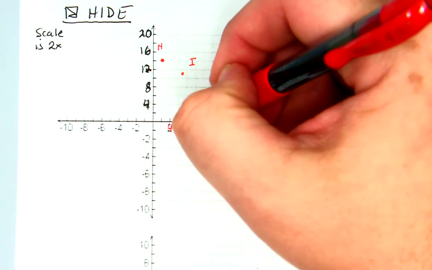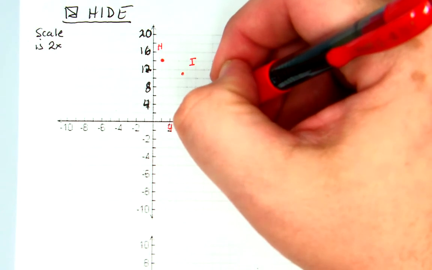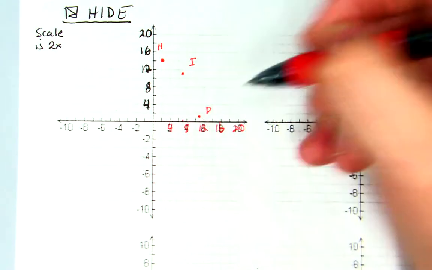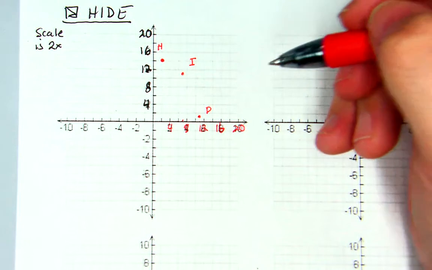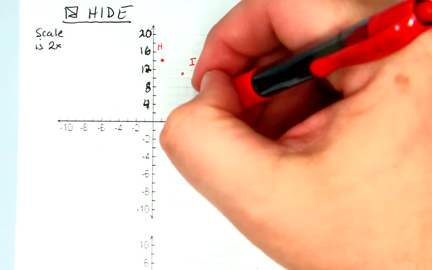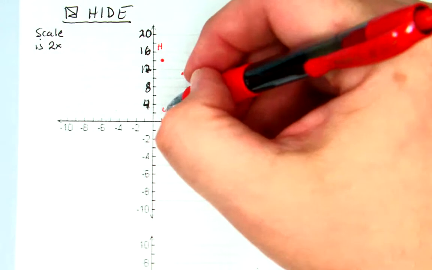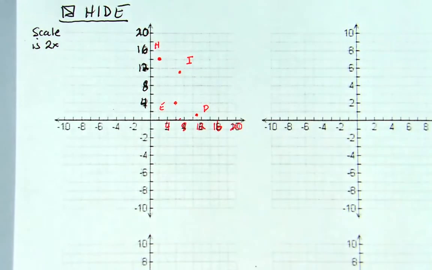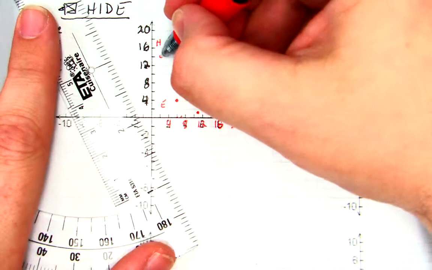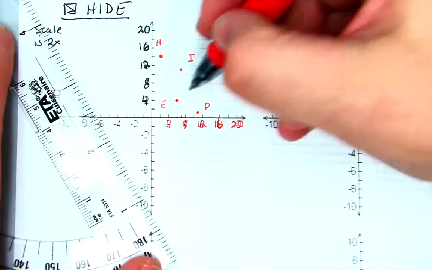So there's 11, and there's 1. So there's D. And E is at (6, 4). There's 6. There's 4. And there's E. E is at (6, 4).